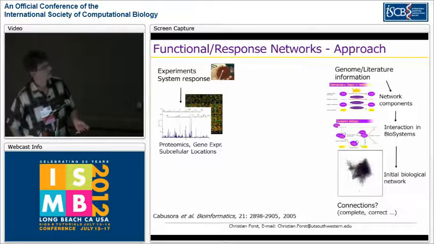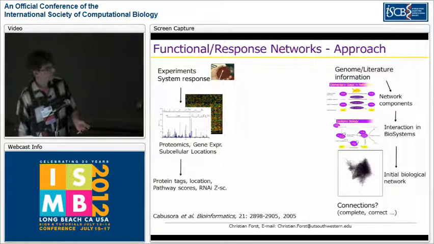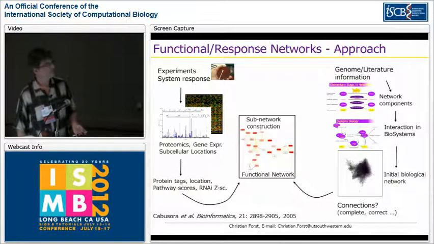On the other hand, I have my experimental data, which can be of quite different origin: gene expression data, proteomic data. I could include subcellular locations using protein tags and produce RNAi Z-scores, which I will use in this talk, to produce pathway scores to identify a so-called functional response network in the context of the experimental data.